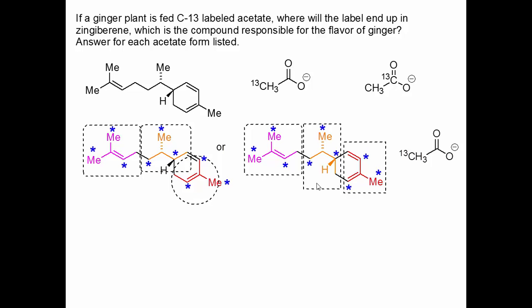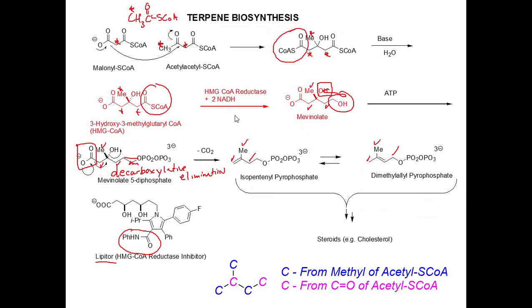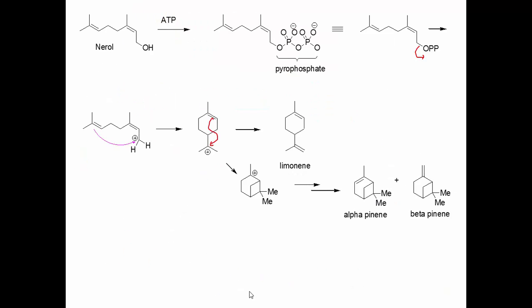I showed one way here and another way like so. And what you notice here is that no matter which way you go, you're still labeling the same carbons. Remember, from 2 slides ago, that in the isoprene skeleton, the methyls and the carbon over here come from the methyl group, and the other 2 carbons come from the carbonyl group.